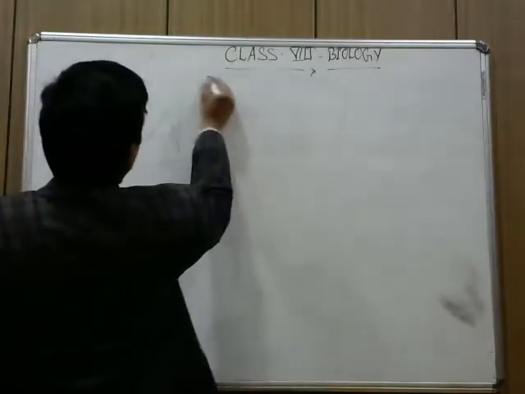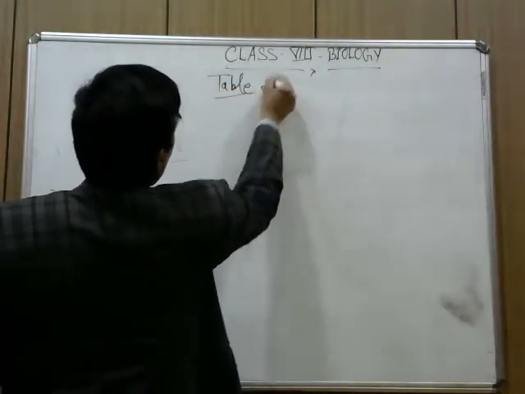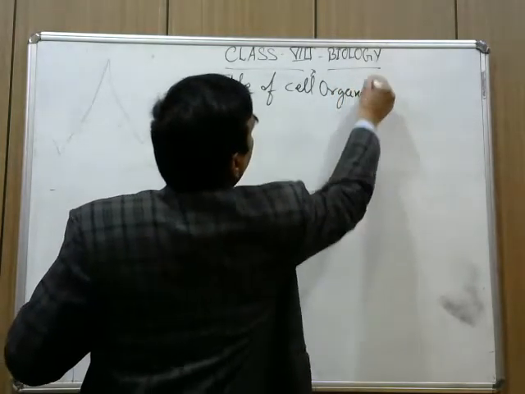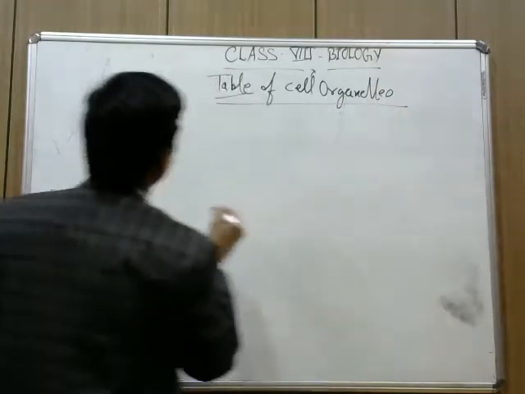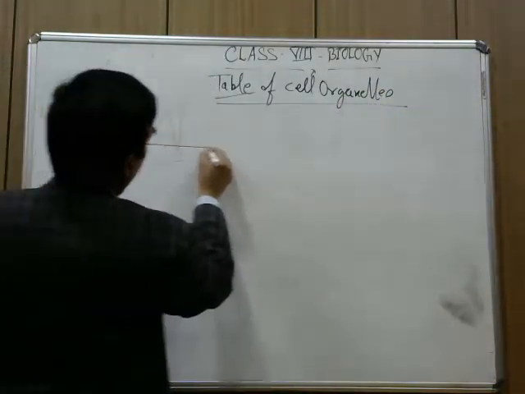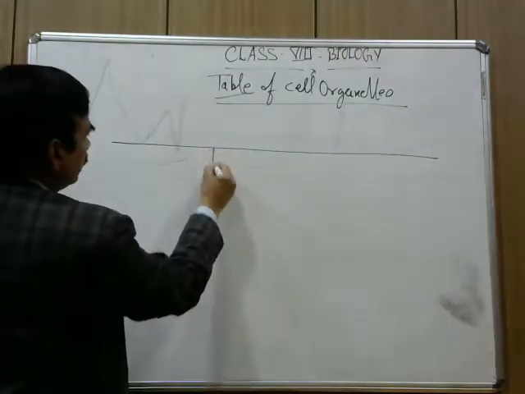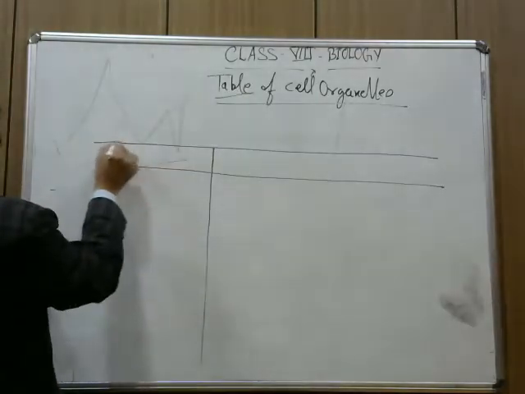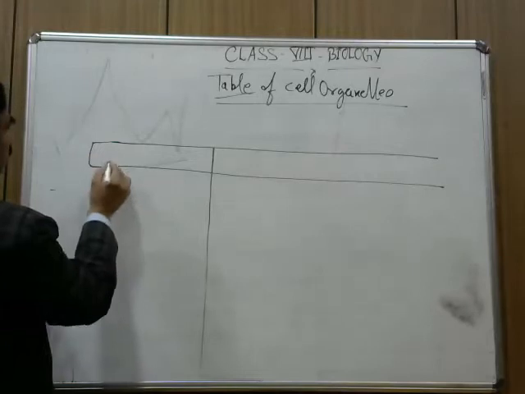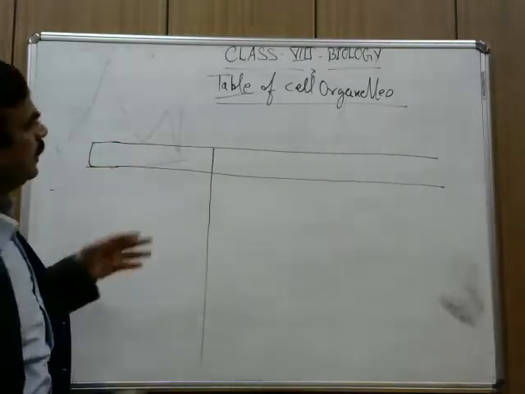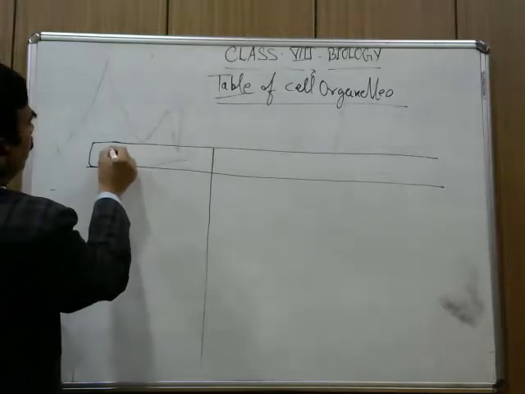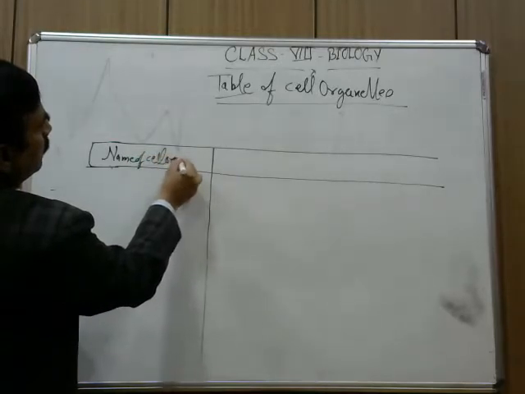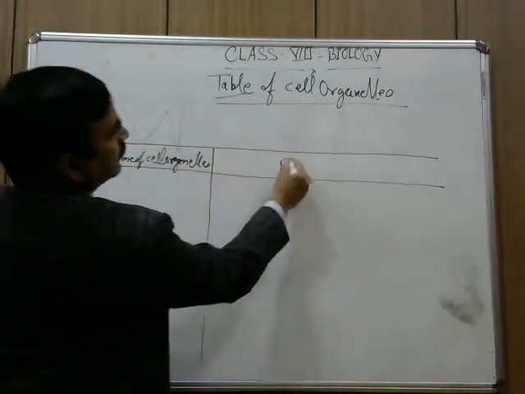You have to make a table of cell organelles and functions. So you will write the name of cell organelles and the function.